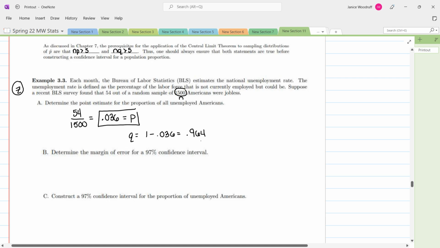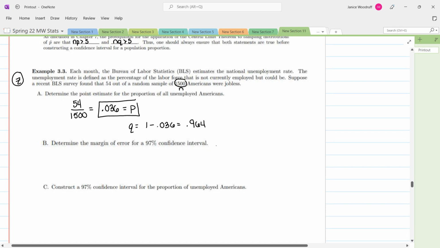Now we want the margin of error. So the margin of error is z times the standard deviation of p hat. So let's first get our standard deviation of p hat, which is the square root of pq over n.